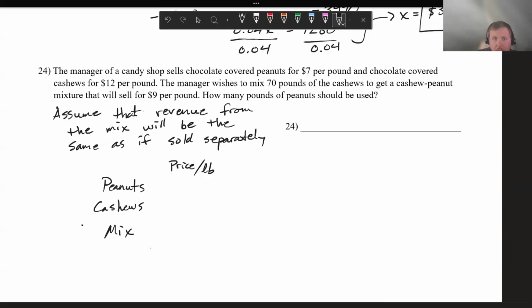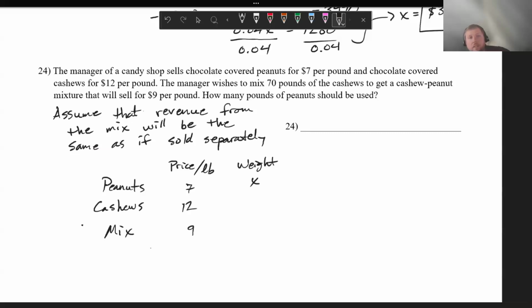For peanuts, it's 7. Cashews, it's 12. And the mix is going to be 9. And then the weight in pounds. It's asking for how many pounds of peanuts, so we'll call that X.